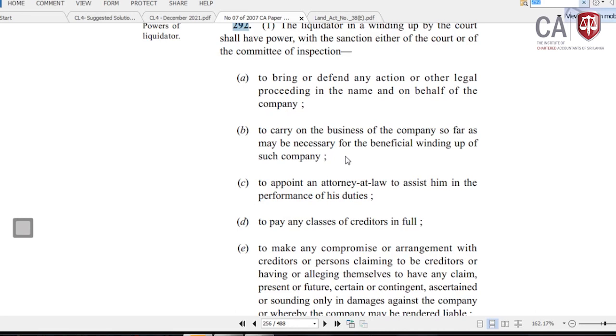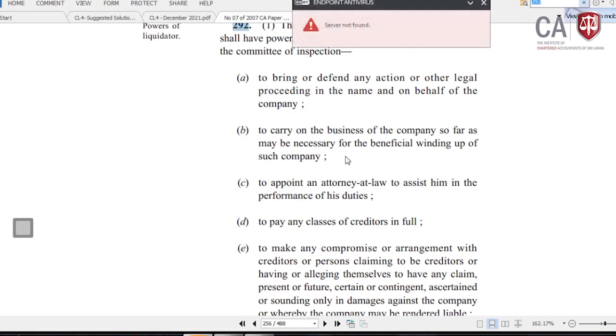Now, once a liquidator is appointed, you cease to trade. You stop all business activities. You stop all manufacturing activities. But if the manufacturing process has not been completed, if they remain as semi-finished goods, it's not beneficial for the company to sell them as semi-finished goods. Then what you can do is, for whatever the goods, if you have already started the manufacturing process, complete it.